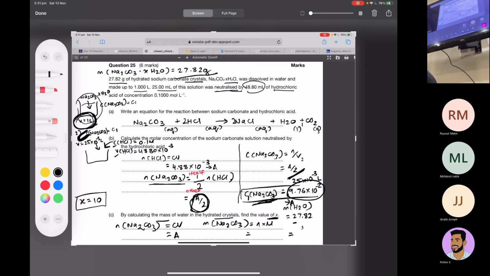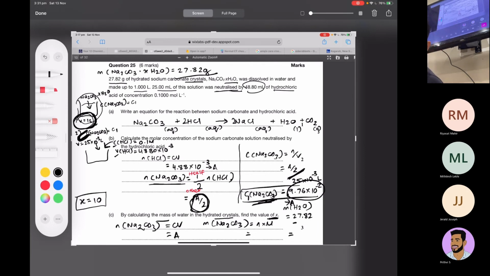All right, so what's your mass of sodium carbonate now? What do we get? You should have multiplied A by the molar mass of sodium carbonate. So what do we get? Joe?